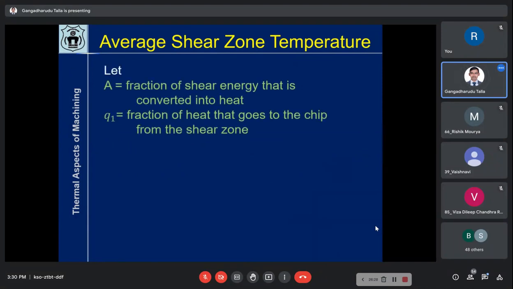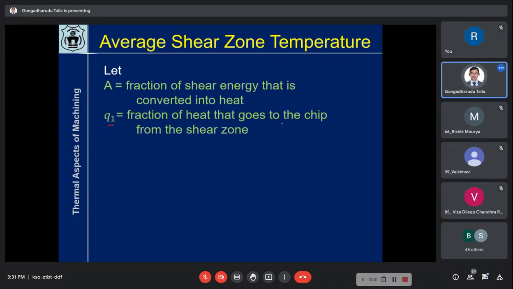Now, let A be the fraction of shear energy that is converted into heat. Total shear energy may not be converted to heat, so A is the fraction. Whatever shear energy is available, the fraction of energy that is converted is A. That may be 90%, 80% like that. Now Q1 is the fraction of heat that goes to the chip from the shear zone.